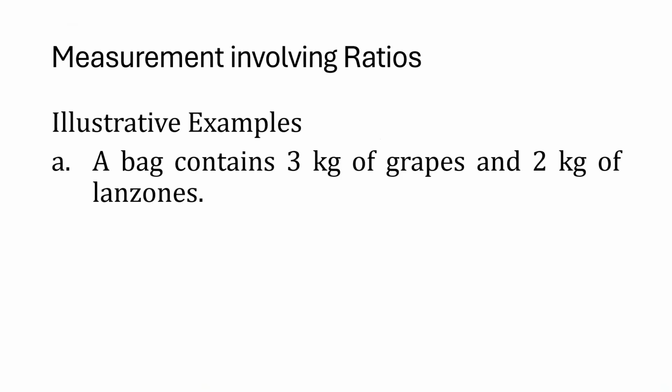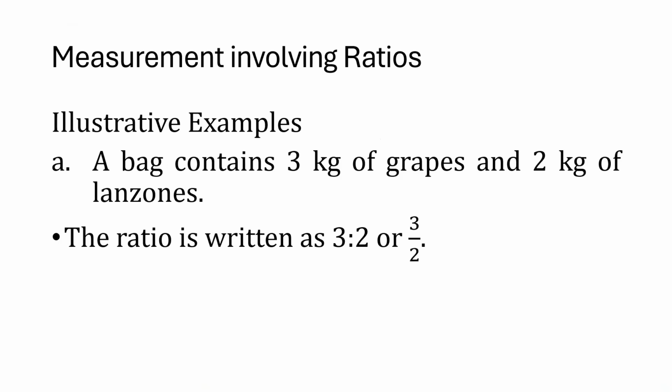If there are 3 kilograms of grapes and 2 kilograms of lanzones, the ratio of the mass of grapes to lanzones is written as 3:2, or in fraction form, that is 3/2 or 3 halves. So this helps us understand the relationship between the two masses.